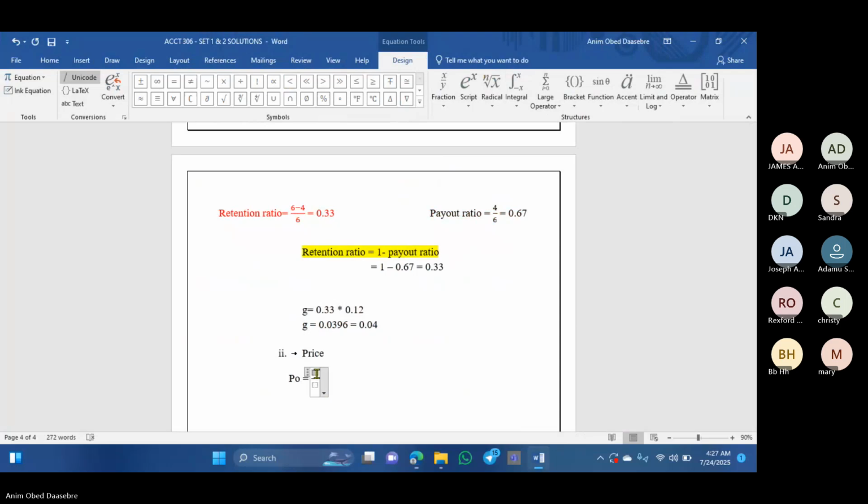D1 divided by the required rate minus the growth we have calculated.